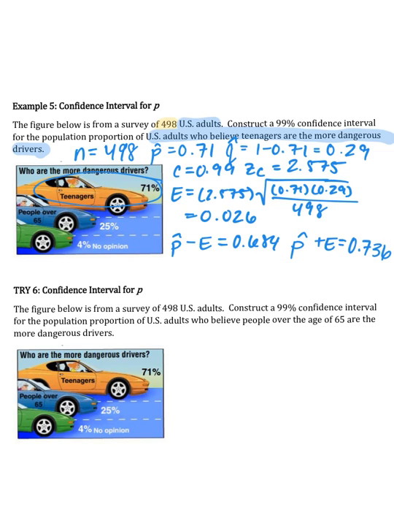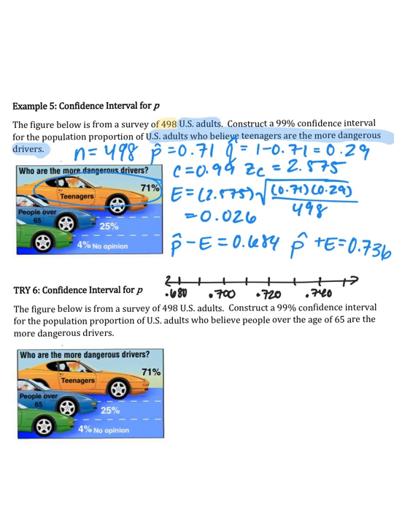Okay, so we can construct it. I need to go from 0.684 to 0.736, so I'm going to start with 0.68 and go to 0.74. 68, 69, 70, 71, 72, 73, 74. Okay, I had room for an extra one. So this is 0.68, 0.69, 0.7, 0.71, 0.72, 0.73, 0.74.